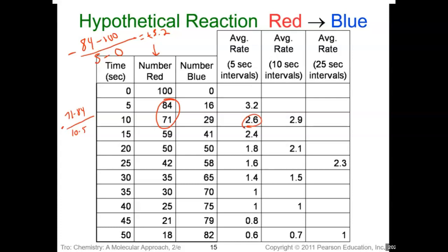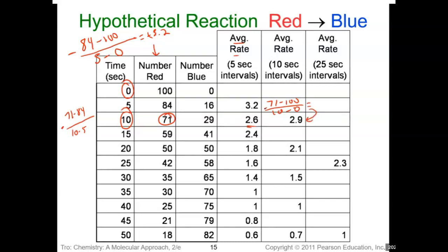Now, if we look at this, these are, again, our average rates. This one here is going to be the difference between 0 to 10. So in this case, if we're looking at with regards to red, it would be 71 minus 100, and now our time is 10 minus 0. And so when we do that, we get 2.9, again, putting a negative.